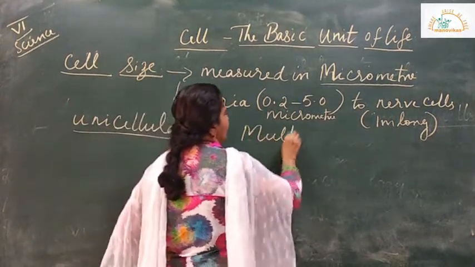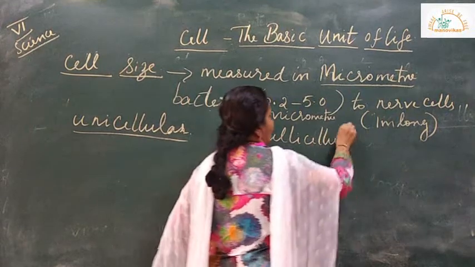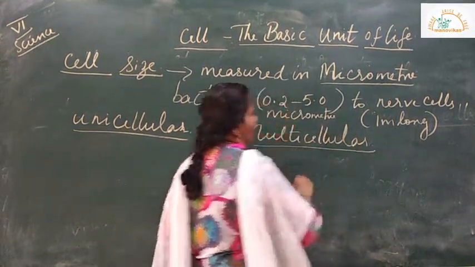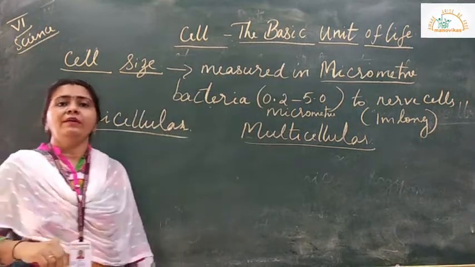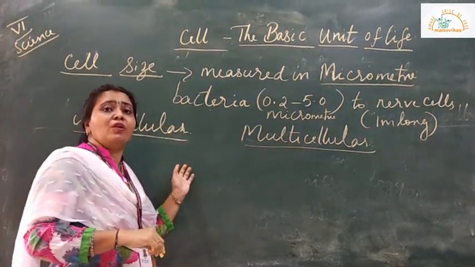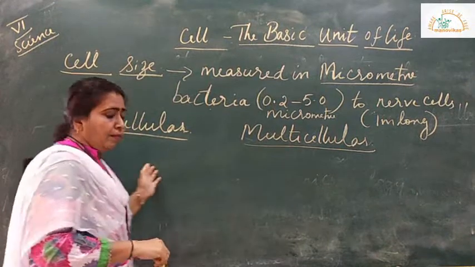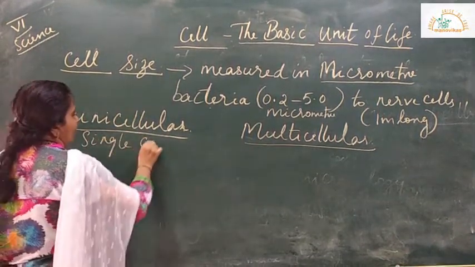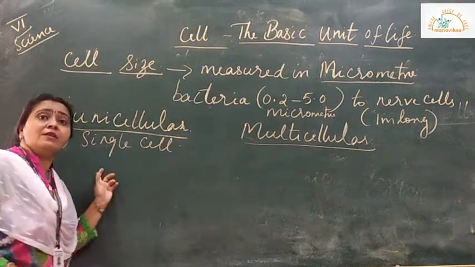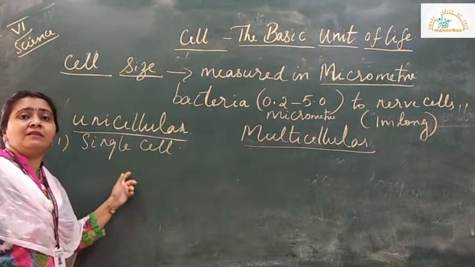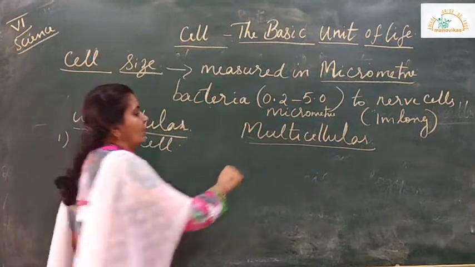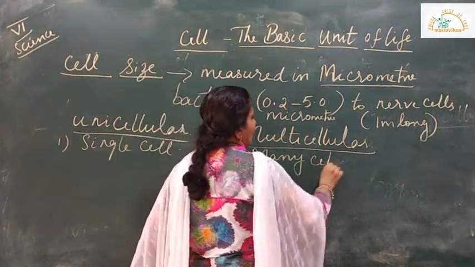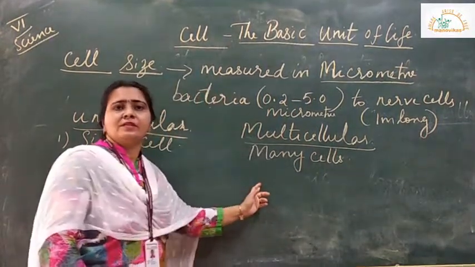Unicellular means the body is made up of a single cell. Multicellular means the body is made up of many cells.